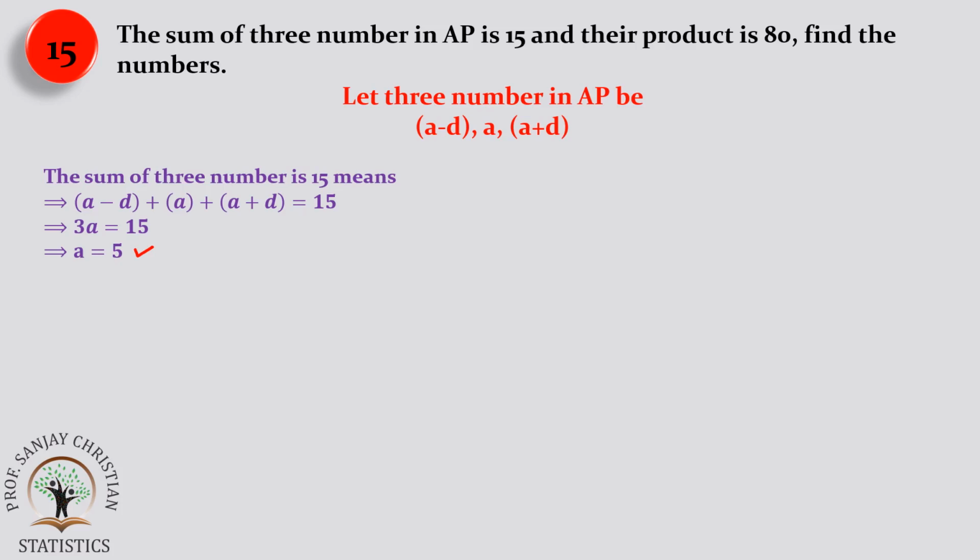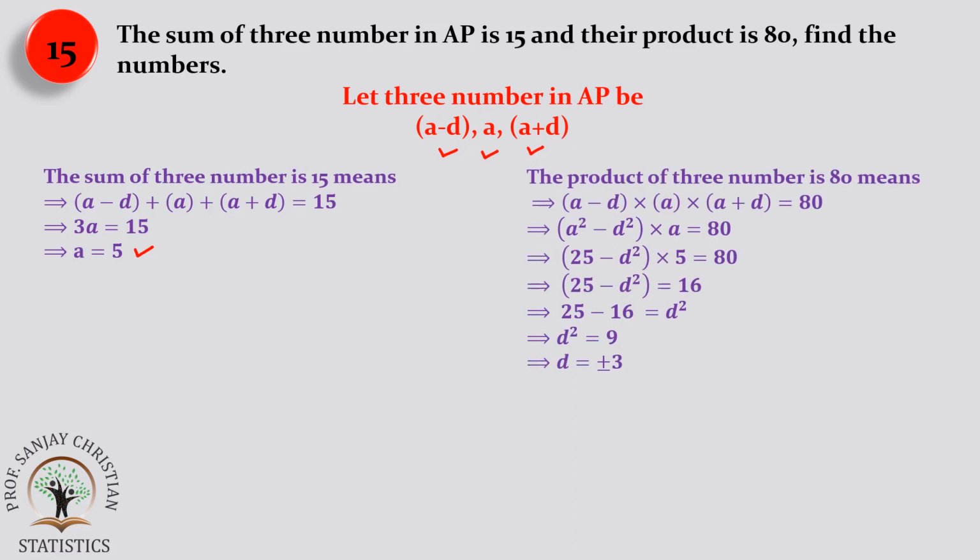Now let us see the question again, and it is written that their product is 80. Product means multiplication. If we multiply these three numbers, it is given as 80. So if we multiply A minus D, A and A plus D, we are going to get 80. It is given in the question itself.